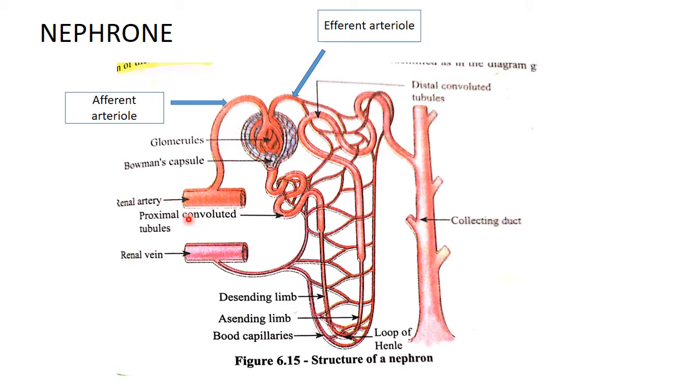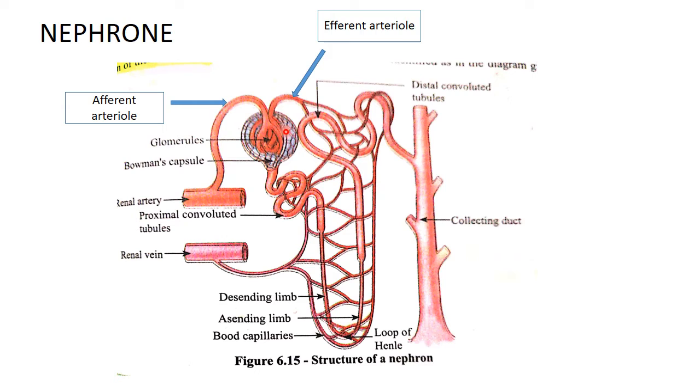So this is the renal artery, the artery that supplies blood to the kidney. The renal artery branches and forms the afferent arteriole. That is important, afferent arteriole. And this part is known as Bowman's capsule.